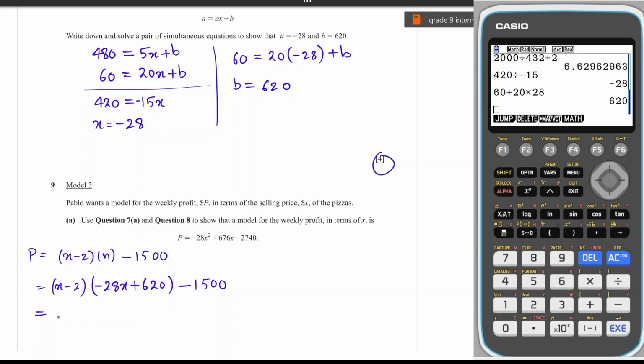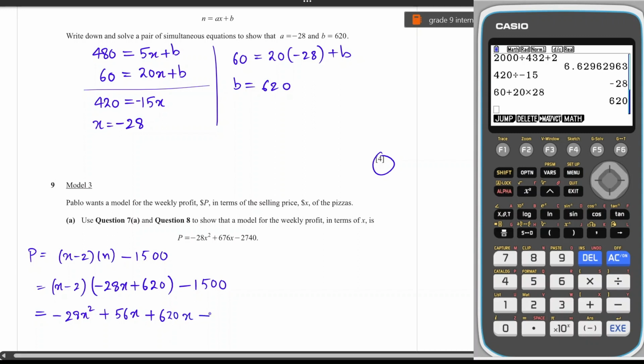So if I just multiply this minus 28x square, you can only see that is my first term, minus plus actually 56x, then you can just multiply this again, which is plus 620x minus 620 into minus 2.